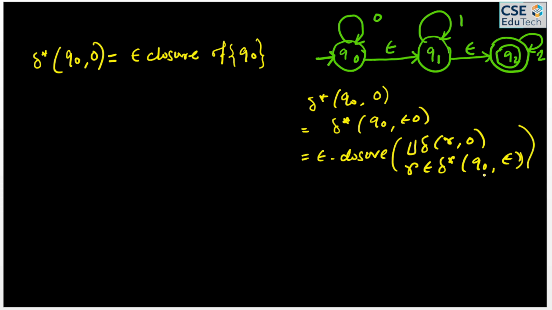Now what is delta star of Q naught epsilon? It means starting from Q naught, reading epsilon, it basically gives you the epsilon closure of Q naught from this definition.